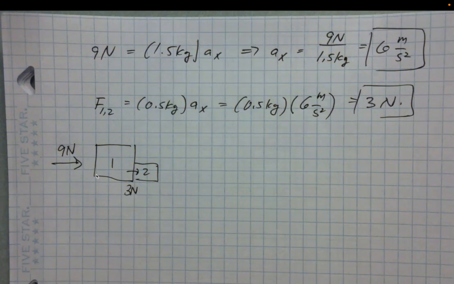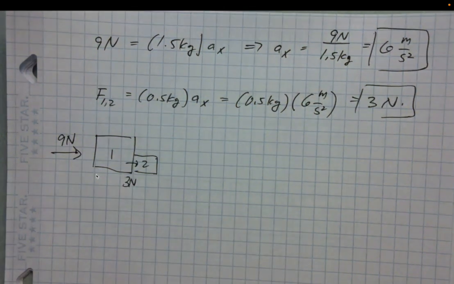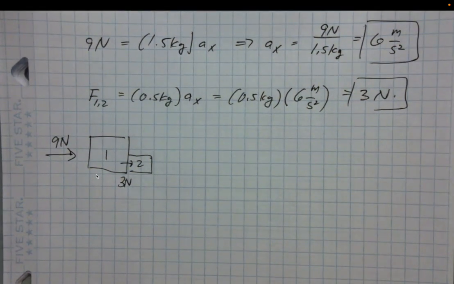An interesting relationship there. I think before running through the calculations, you might just say, oh, it's got to be 9 newtons, right? It's not. It's significantly less because the mass of the second block is significantly smaller. Okay. All right. Very good.